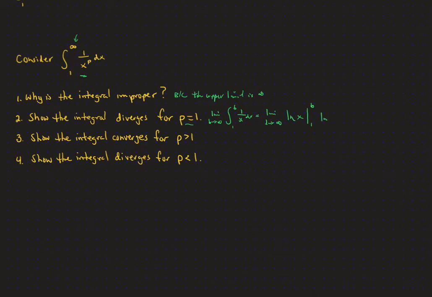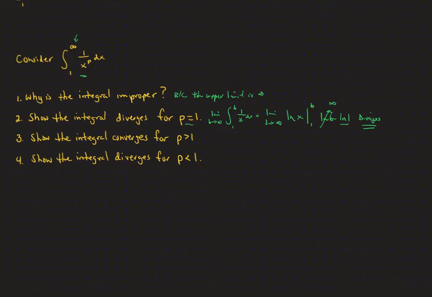So this is the natural log of b minus the natural log of 1. Now we know that the natural log of 1 is 0, and as b goes to infinity, the natural log of b also goes to infinity. Even though it goes very, very slowly, remember a logarithm is a very slow growing function, it is going to diverge. So for p equal to 1, the integral diverges. This is going to help us down the road.